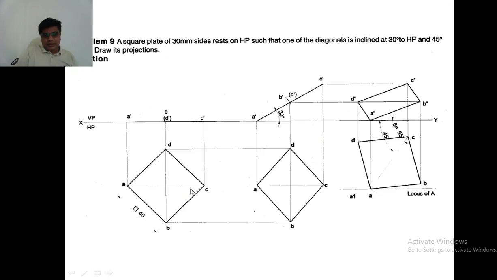Since the diagonal AC length is reduced, and it is given that the diagonal is inclined at 45 degree to VP directly, you should follow the locus method. So take the true length of this diagonal AC, then take the apparent length AC here, draw the curve, and on this AC you would redraw this square here.